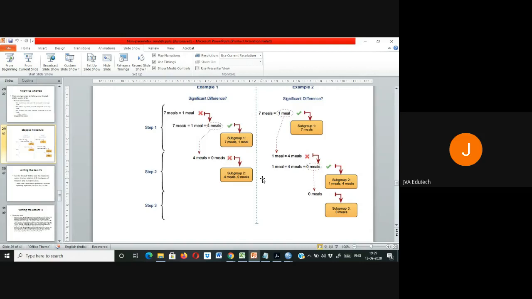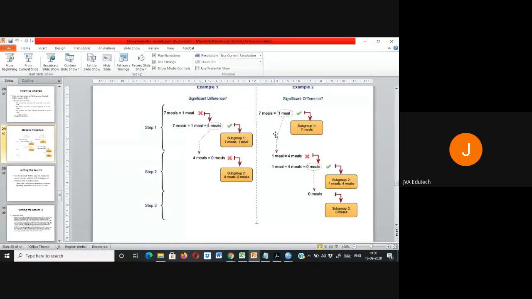Only a Kruskal Wallis test will tell you whether there is any significant difference among these four groups or not. But the follow-up analysis will tell you, just like the post-hoc analysis, how these groups are different from each other. So you can do it by this method, by adding the next group and comparing the two groups, then adding the next group until you reach a situation where one of the groups stands on its own.